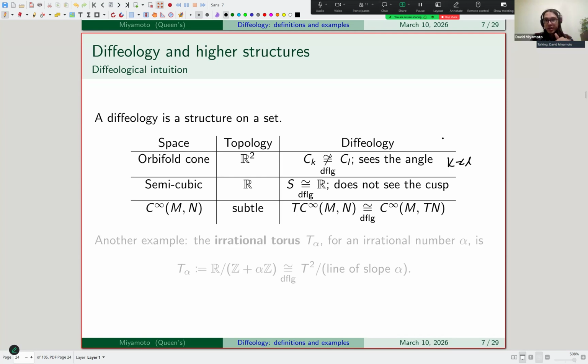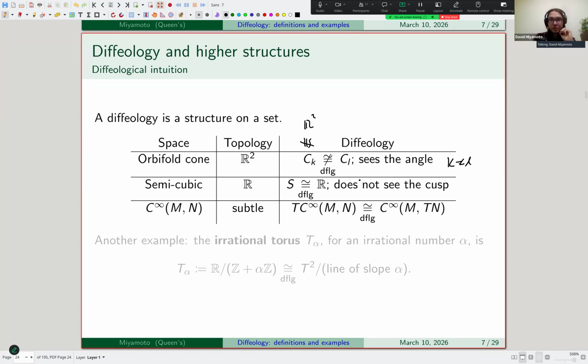But diffeology will see the precise angle that you are quotienting by, which is what we wanted, right? We wanted to be able to distinguish the cone points at all. So for instance, none of these are the plane either. They're all distinct.